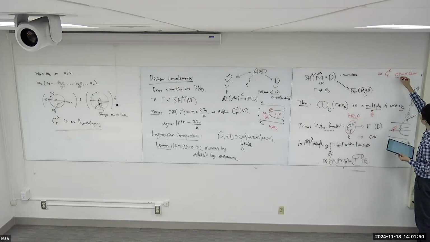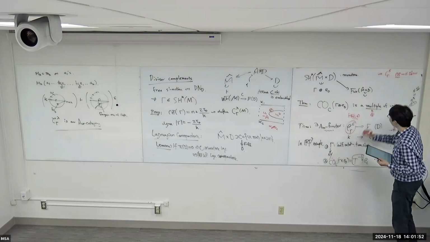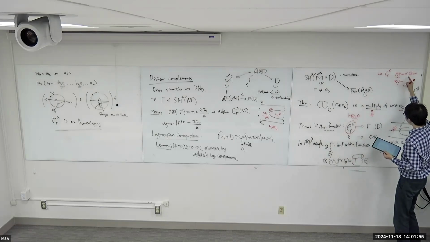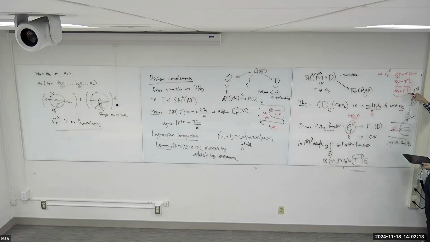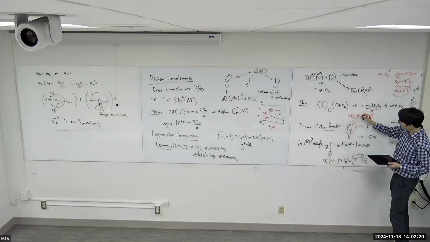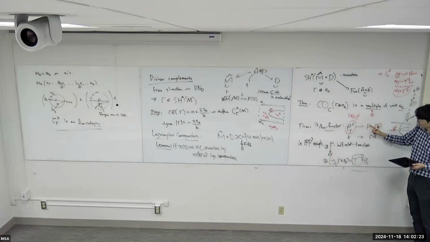This cap action is something like xy, and sigma is something like t to the negative 1 half. And so this relation, xy equals t to the negative 1 half, was the additional relation that we imposed to make it into an isomorphism. If you remember, we added this strange relation xy equals t to the negative 1 half to the Reeb Fukaya category, and then this becomes an isomorphism.